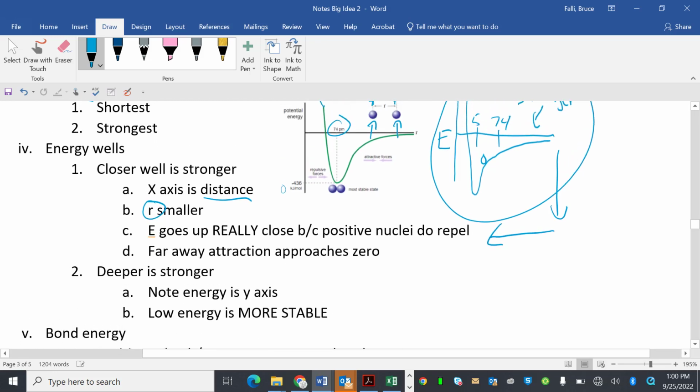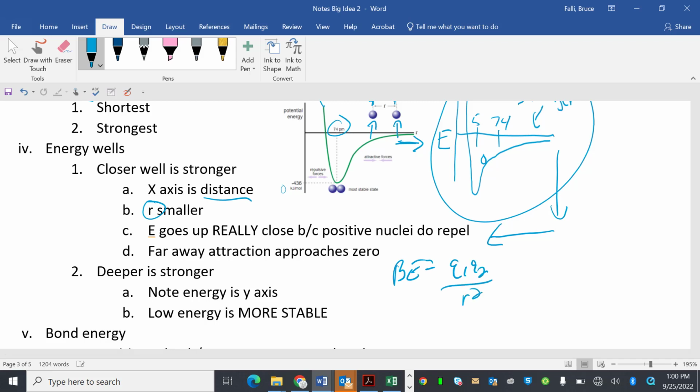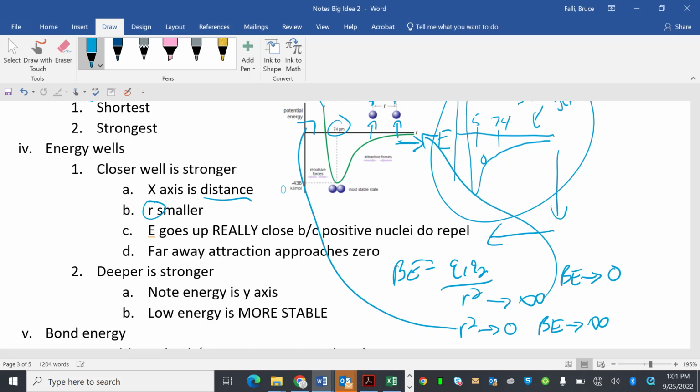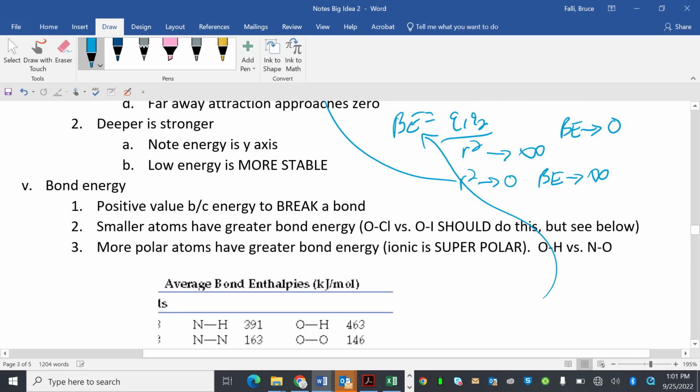When you go really far away, it approaches 0 because remember, bond energy still and always is Q1, Q2 over radius squared. And as this approaches infinity, bond energy approaches 0. And as radius squared approaches 0, bond energy approaches infinity. And that would be that part. And this would be this part. All right, deeper, stronger.